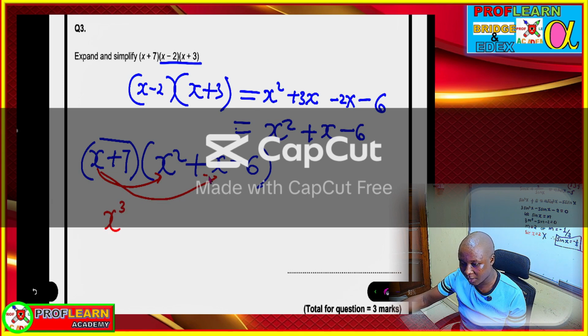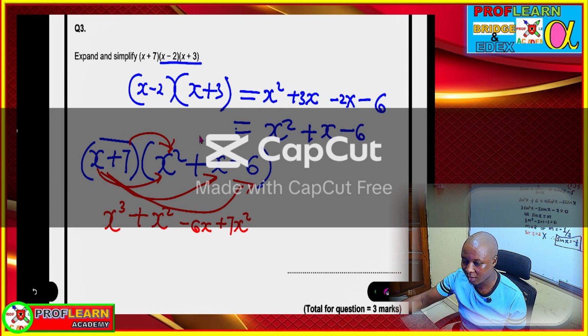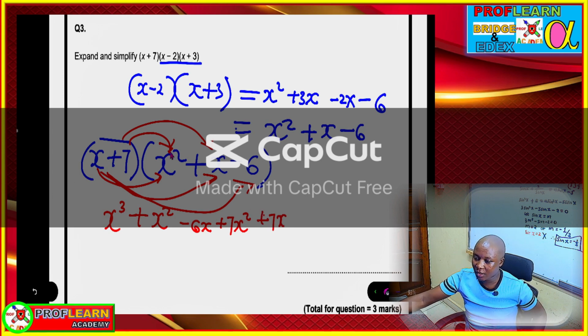Again, this term by this, we shall have plus x squared. Again, the same term by that, we shall say minus 6x. The next term would be 7 times this. It will be plus 7x squared. 7 times this, we shall say plus 7x. And 7 times minus 6 will be minus 42.